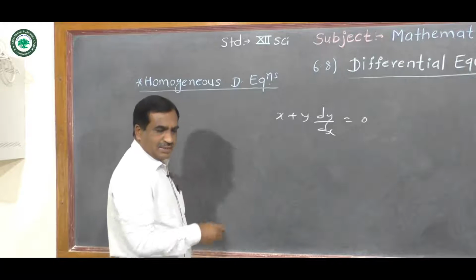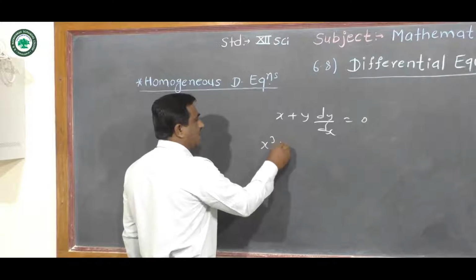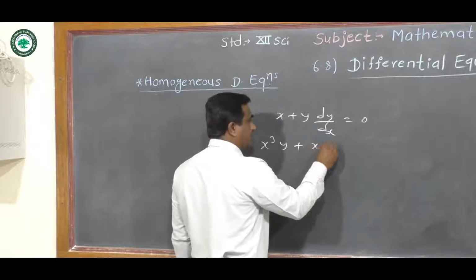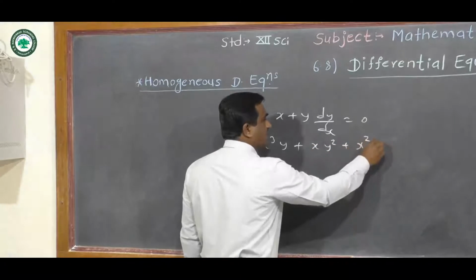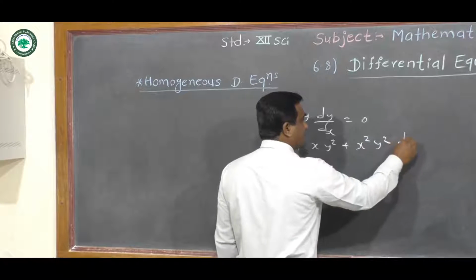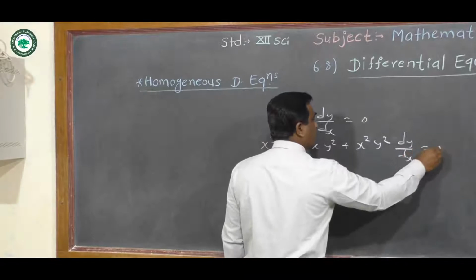We can say another example, x cube y plus xy cube plus x square y square into dy by dx is equal to 0.